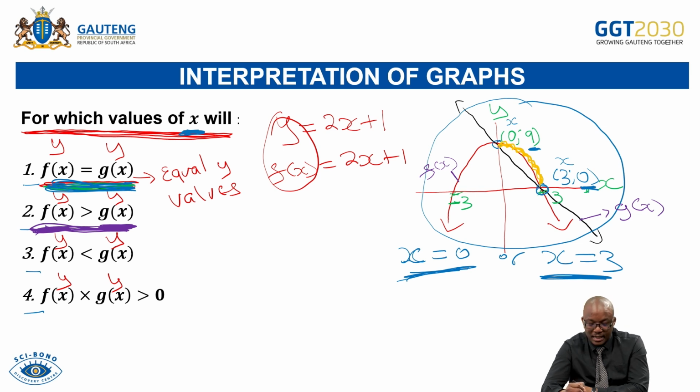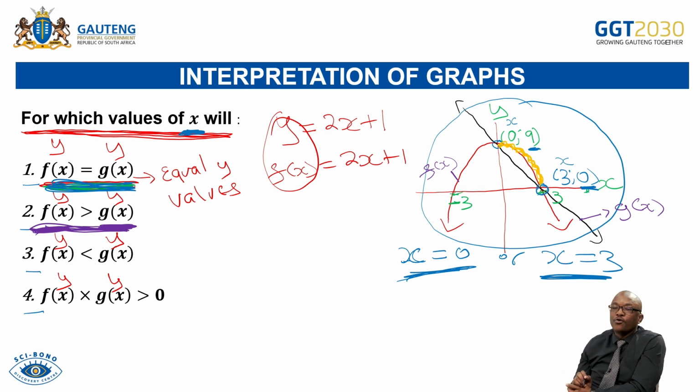So we can see that the red is at the top, the black is at the bottom. But what are we looking for? We are looking at the value of x. We are not interested in those y values. The answer must be in terms of the value of x. And looking at the value of x, you can see that it's from 0 to 3.